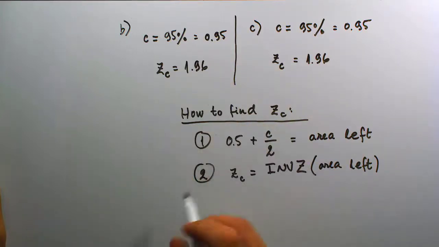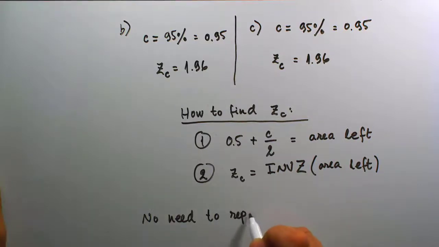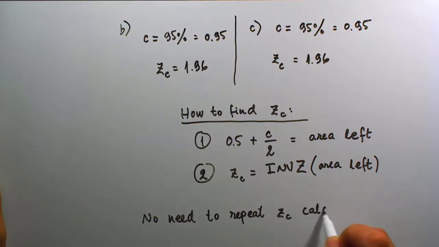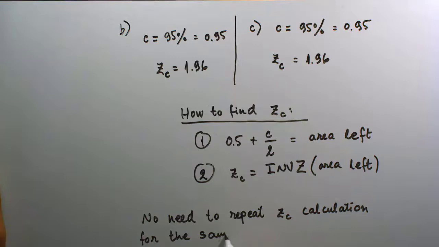So no need to repeat the z sub c calculation for the same confidence level.